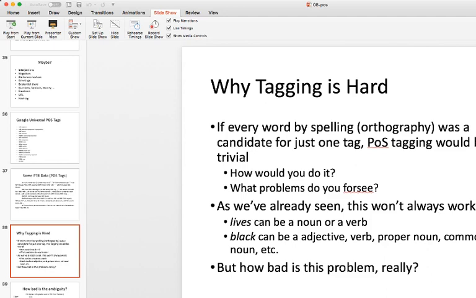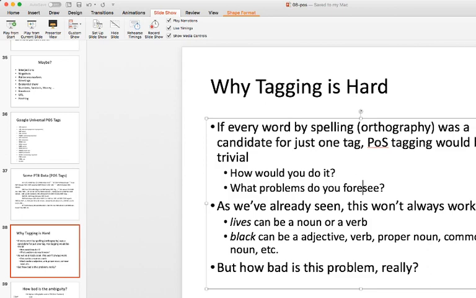The lookup table. Yeah. What problems would you have potentially? Never seen a word before. Yeah. So if you have out of vocabulary words, you have no way of dealing with them if you're just using the lookup table. So even in this case, it pays to be a little more clever.